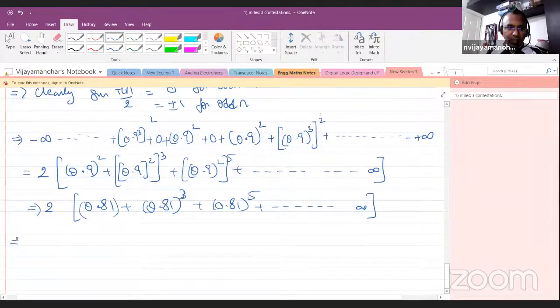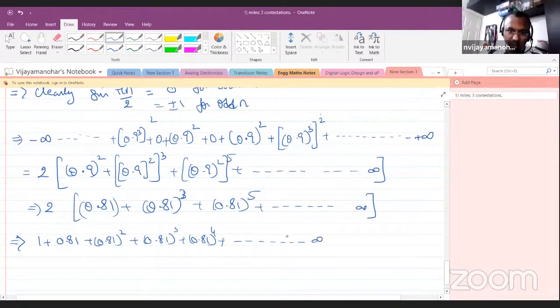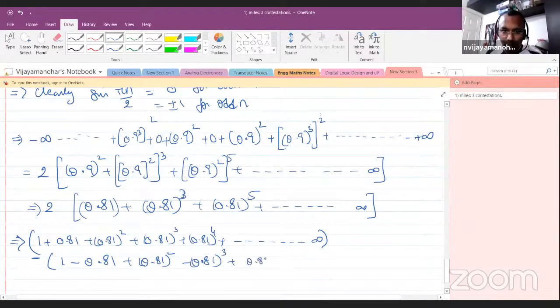Now this I can write in a way which is very convenient for me. I'm going to write this as 1 plus 0.81 plus 0.81 the whole square plus 0.81 the whole cube plus 0.81 the whole power 4 plus so on till infinity, minus 1 minus 0.81 plus 0.81 the whole square minus 0.81 the whole cube plus 0.81 the whole power 4 plus so on till infinity.